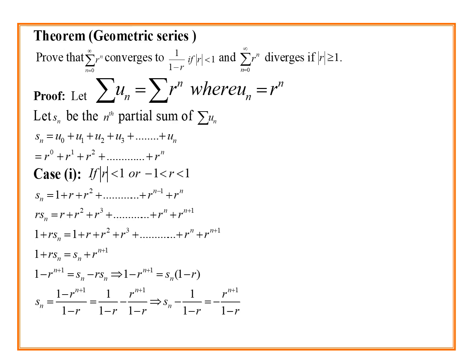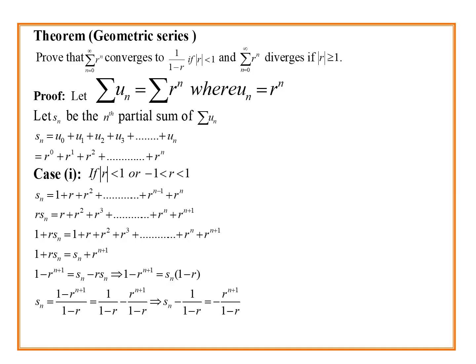Again adding 1 on both sides, 1 plus r into Sn is equal to 1 plus r plus r square plus r cube plus so on r power of n plus r power of n plus 1. That implies 1 plus r into Sn is equal to Sn plus r power of n plus 1.